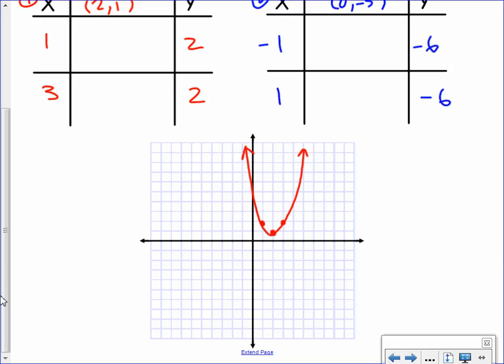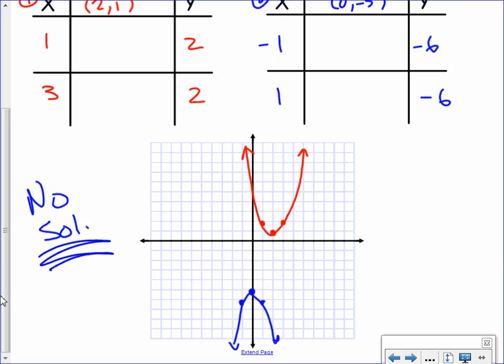Okay. 0, 1, 2, 3, 4, 5. Yeah. And -1, -6, and 1, -6. Oh, sad face. So this thing has no solution. Joy. Yeah. All right.